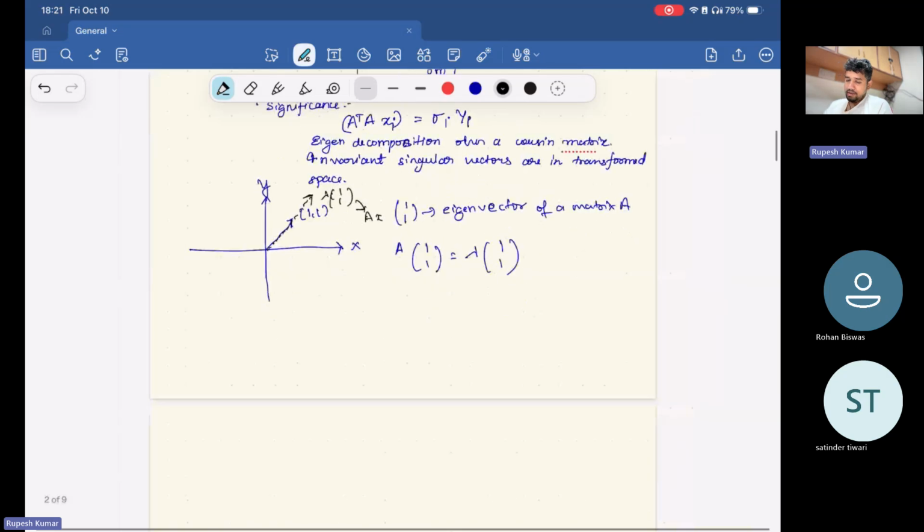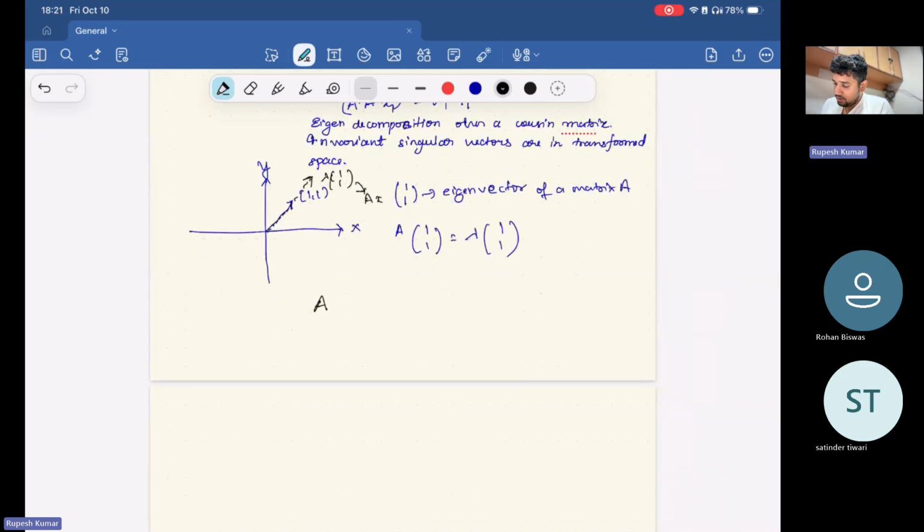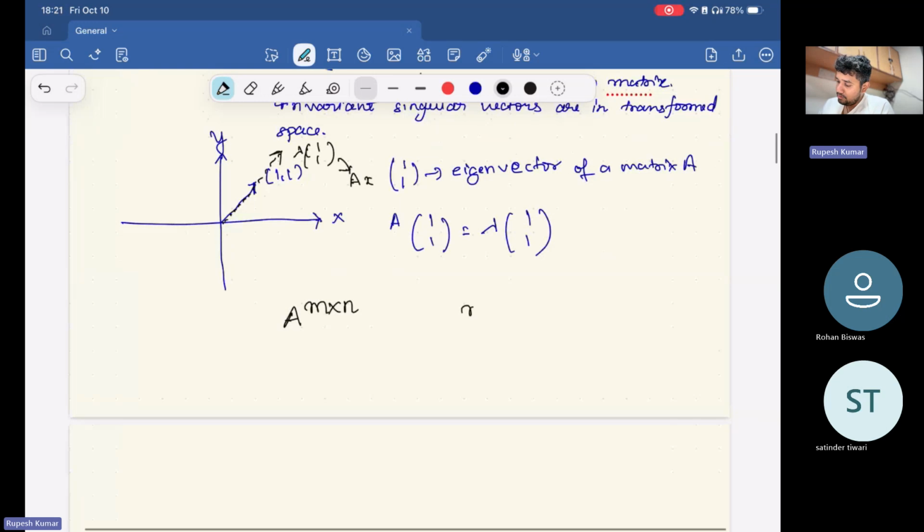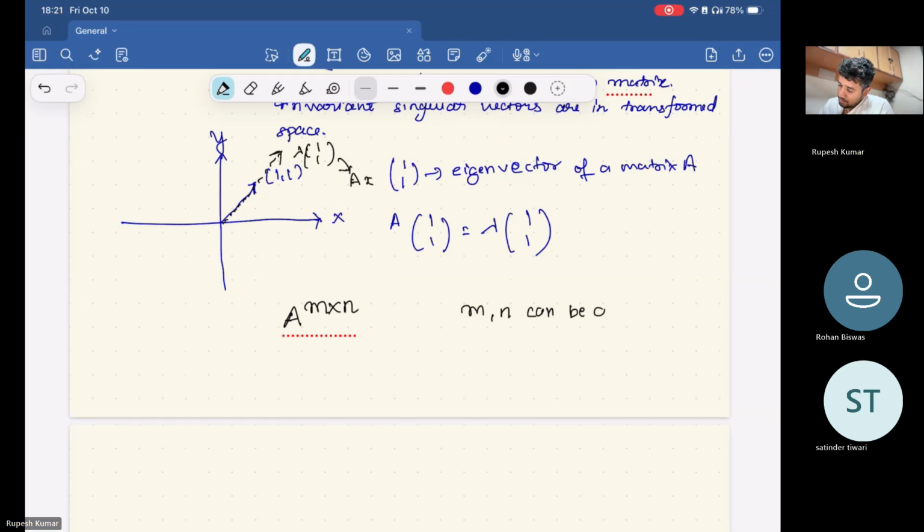Now let's say we have a general M cross N matrix A, where M and N can be any positive integer, or zero also.